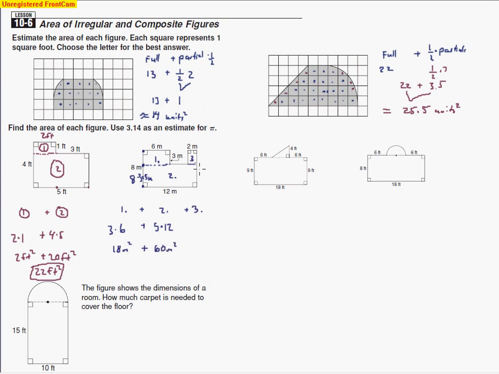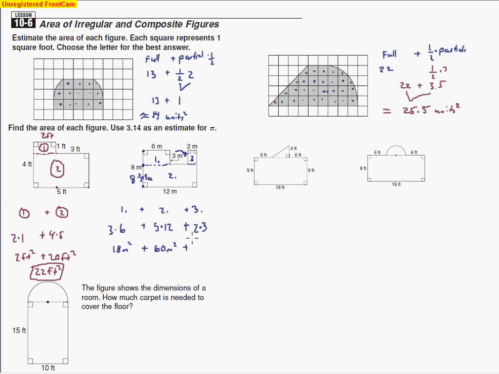Now, we've got this last little bit here. So this is rectangle 3, and I want the distance. I know this is 2, but I want the distance here. Well, I go right over here, and this is 3. And this would also be 3 as well. So 3 is not only this side, but also this side here. So I'm going to go plus 2 times 3.